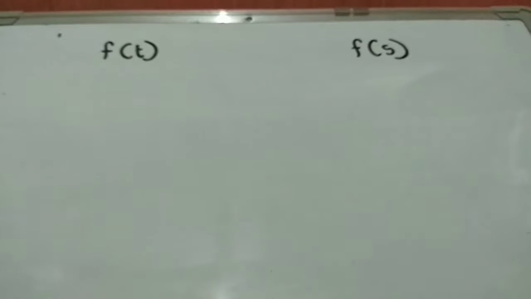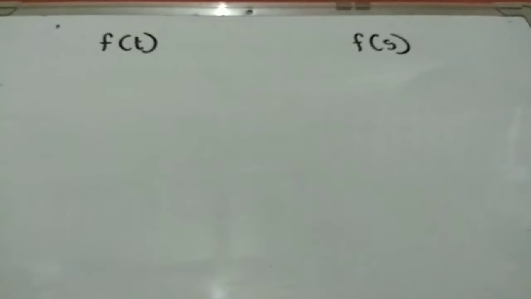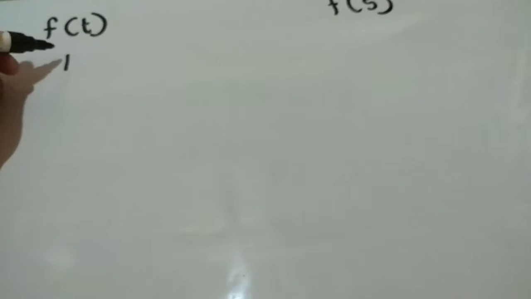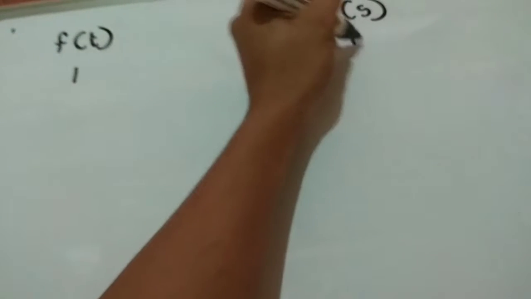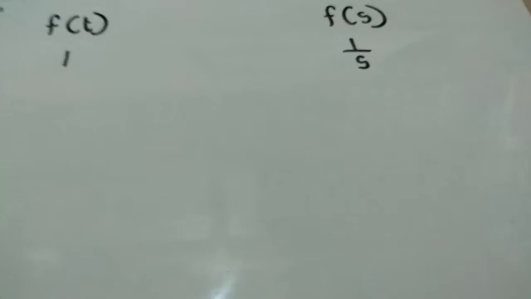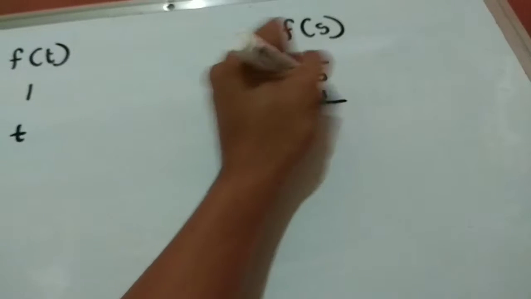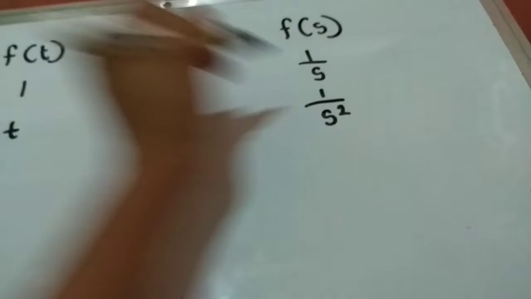Before proceeding to my actual topic, let us recall that in our advanced math discussion, we have discussed the basic Laplace transforms. The Laplace of 1 is equal to 1 over s. The Laplace of t is equal to 1 over s squared.